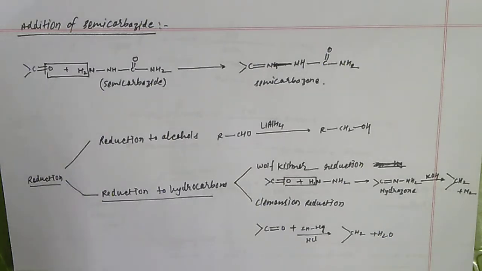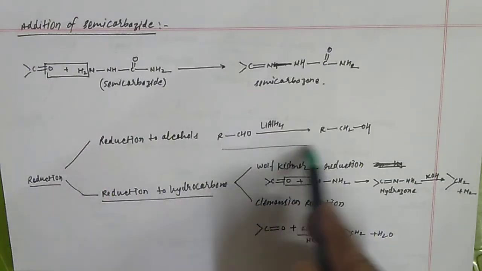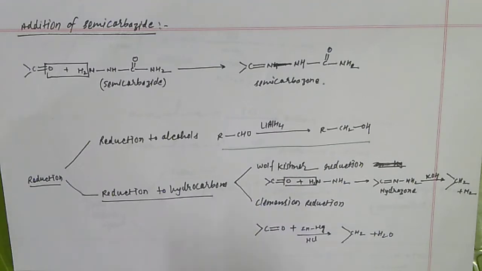Now the reduction reaction. There are 2 types of reduction: direct reduction to the hydrocarbon, and reduction into alcohol. When you do the reduction with lithium aluminum hydride, it will give the alcohol. But with the name reactions, the Clemmensen reduction and the Wolff-Kishner reduction, when you take the Wolff-Kishner reaction, you take hydrazine.